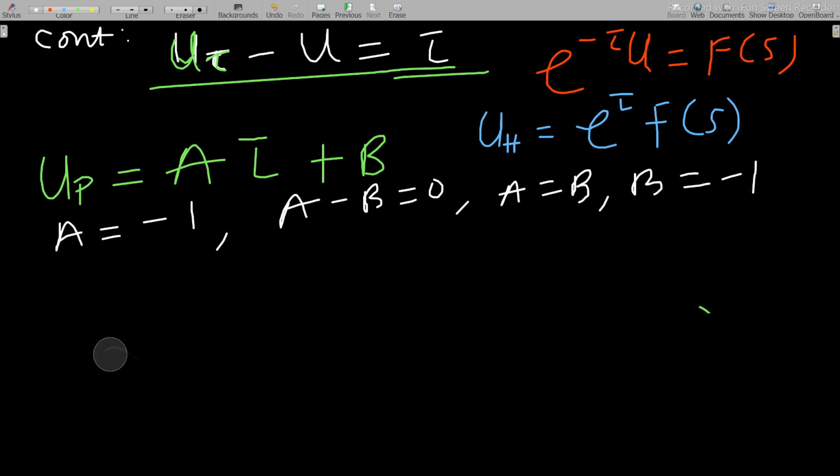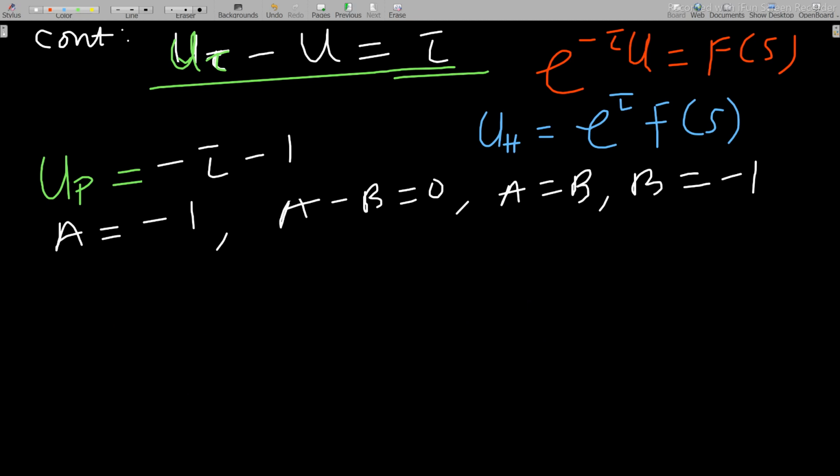With the particular solution, u particular, since we have a and b, we said it's a tau plus b, so a is minus 1, and b is minus 1, so it becomes minus tau minus 1.